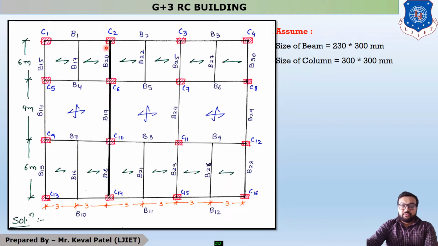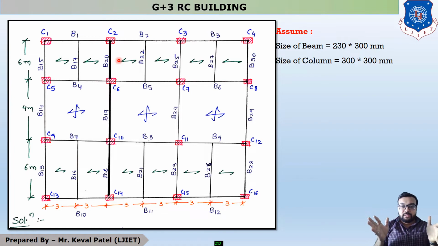So, the first question is, the beam is supporting which types of slab? You can see that this is a one-way slab on the left side, and this is also a one-way slab on the right side. It means beams B18 and B20 support both one-way slabs.